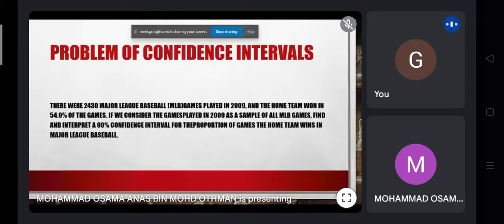If we consider the games played in 2009 as a sample of all MLB games, find and interpret a 90% confidence interval for the proportion of games the home teams win in the Major League Baseball.